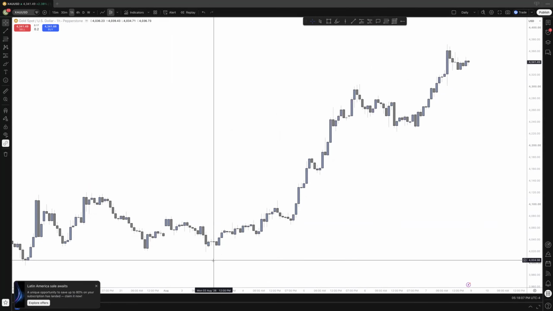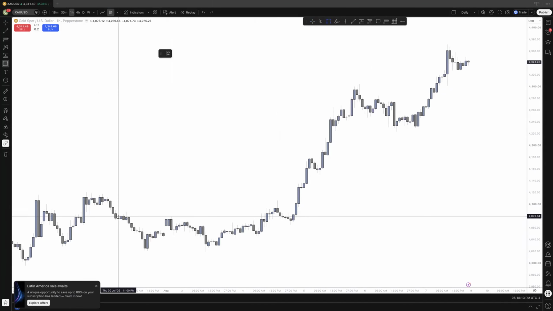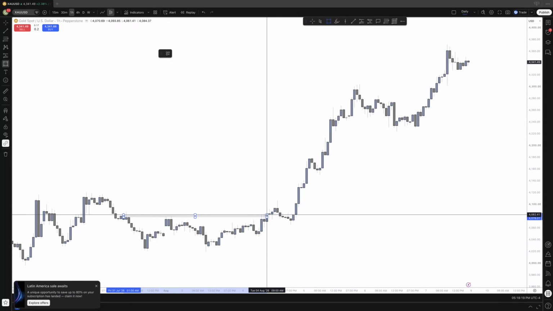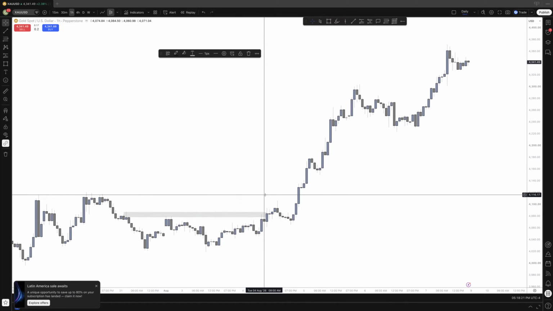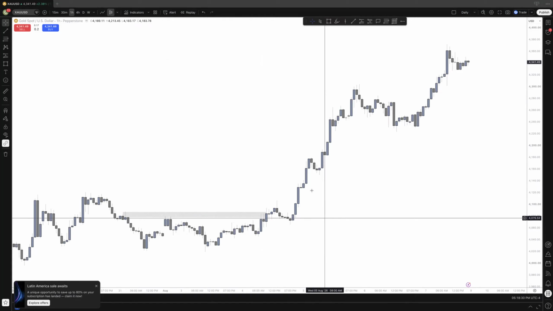Here we have a push down, push back up. We clearly have a level of resistance here, or equal highs, all up in this area. Pretty much all of this is an area of resistance. And you can see price breaks out of that resistance area right here.